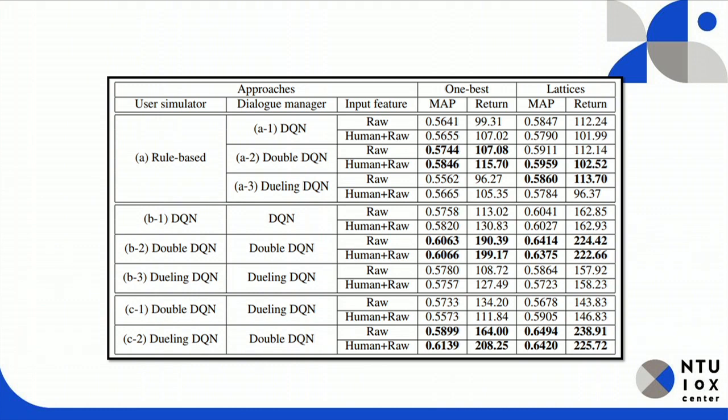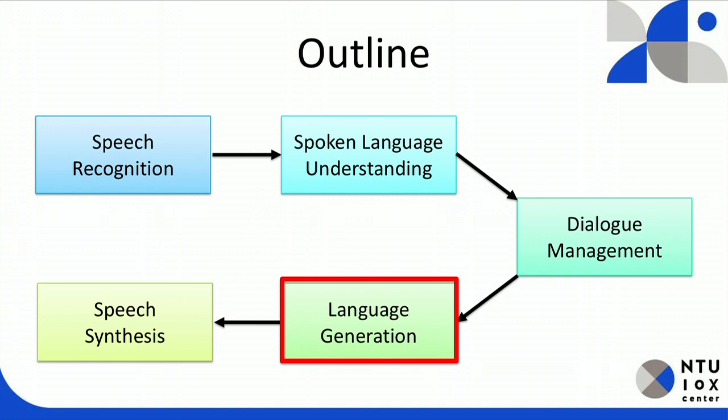And now we replace the rule-based user with the trainable simulated user. So the results are shown in part B and part C, at the lower part. And you can find that the result we obtain is much better. If the user is trainable, we can get much higher reward. So this is about dialogue management.